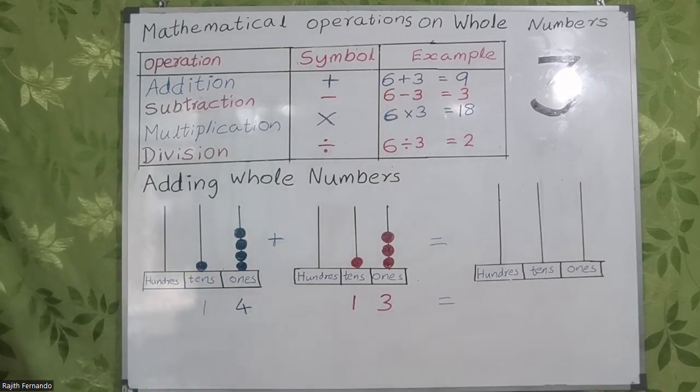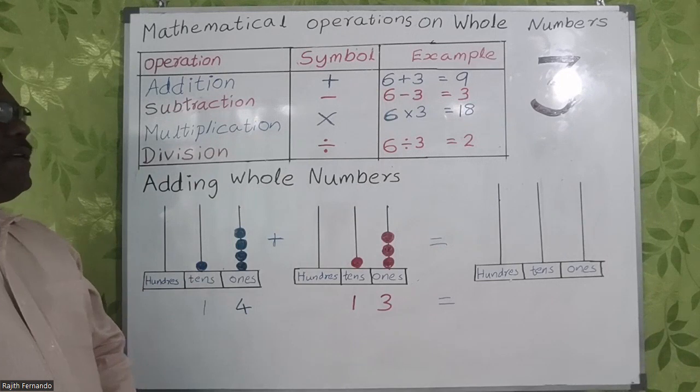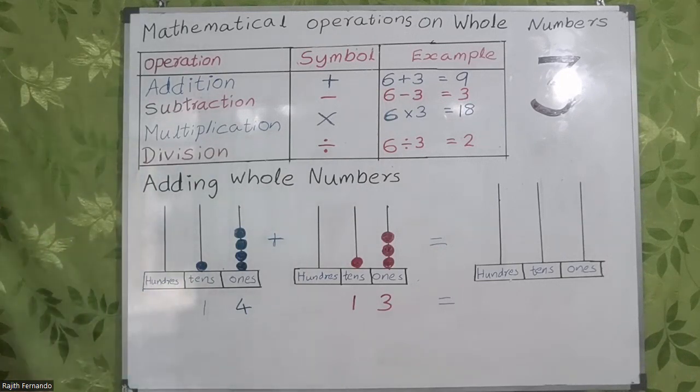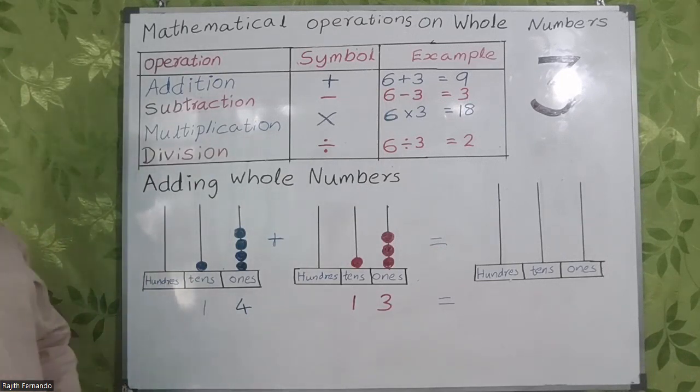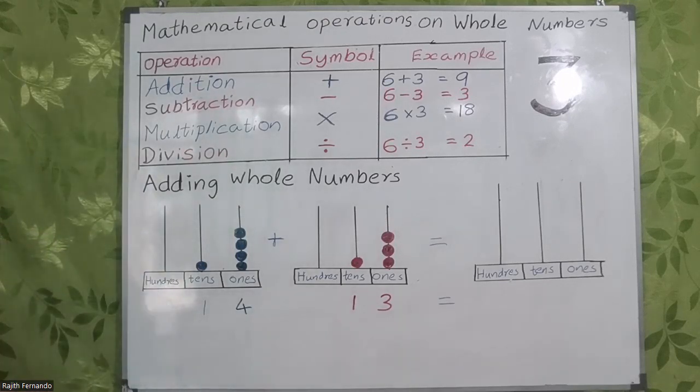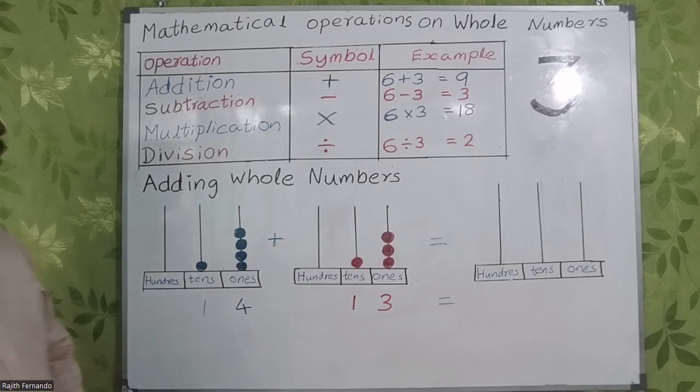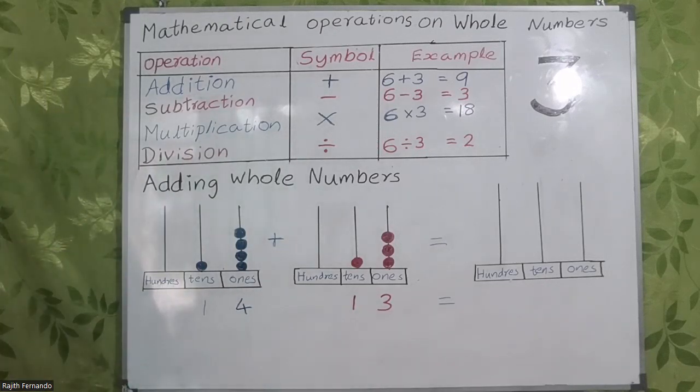Then if I ask you to multiply 6 by 3, that is you have collected 6 items, and like that there are 3 sets. Then you have multiplied these 6 and 3 and you got the answer 18.